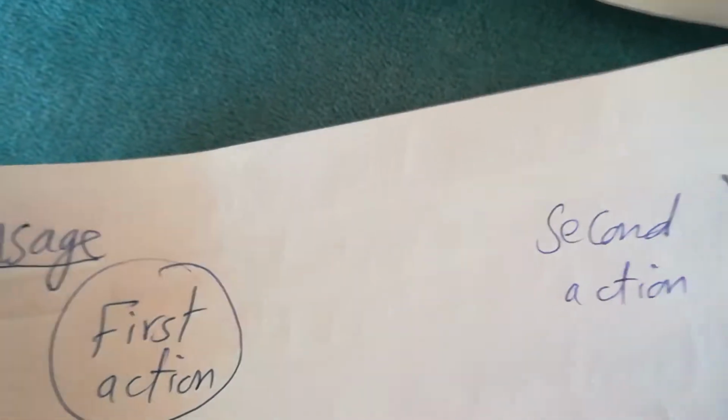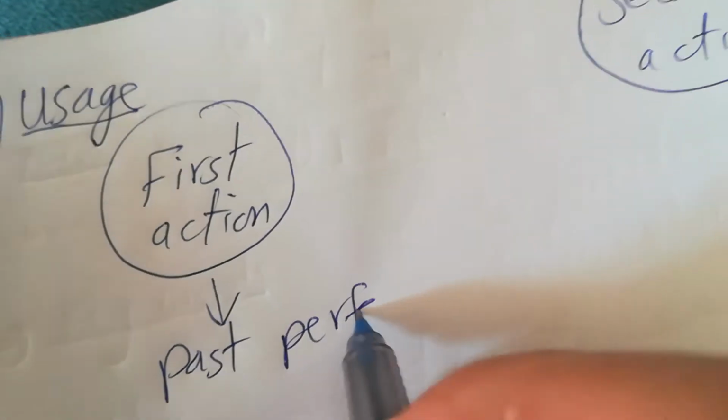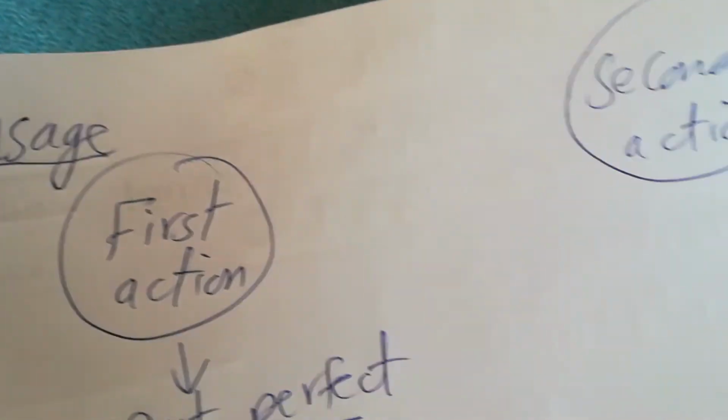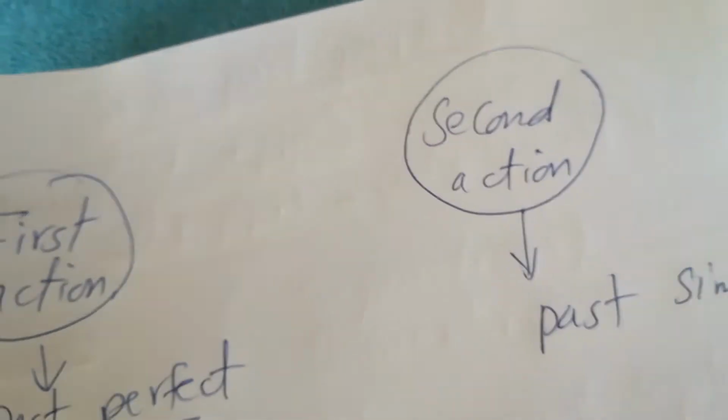I have two actions in the past. The first action should be past perfect. The second action should be past simple.